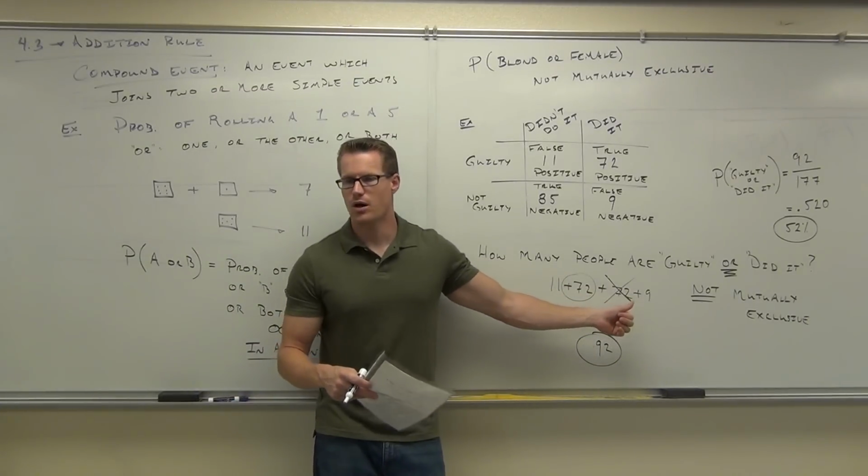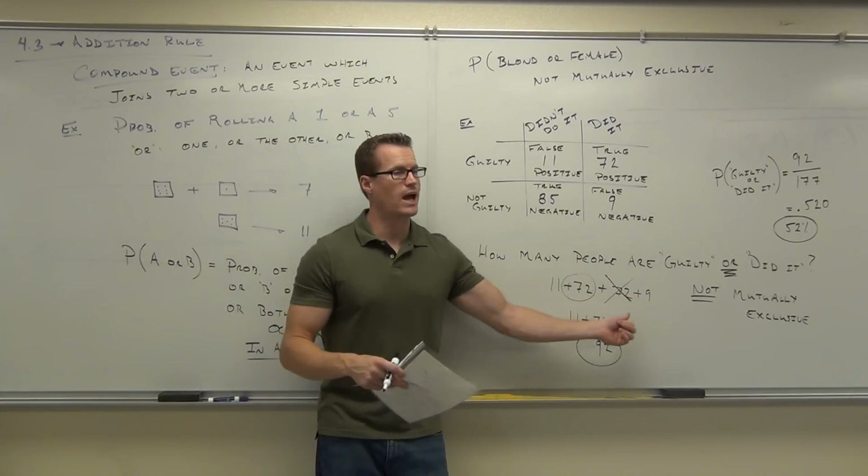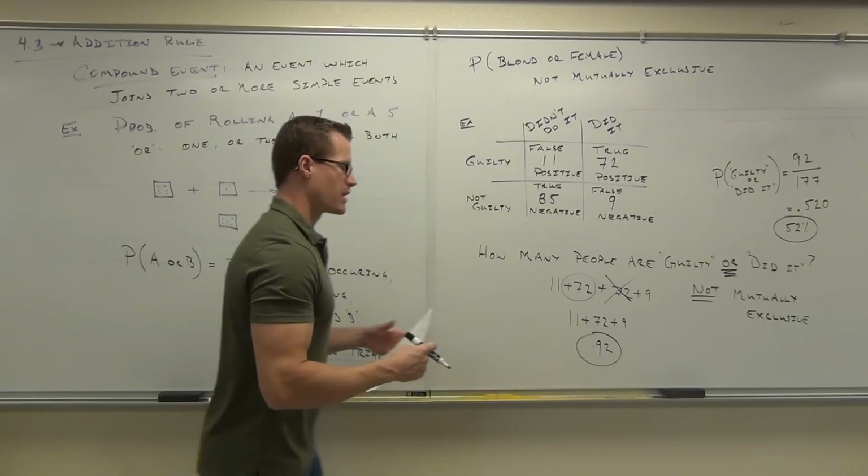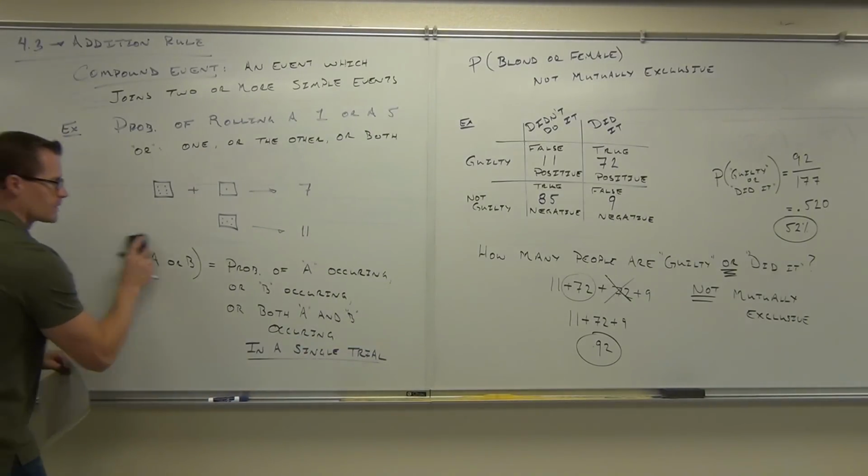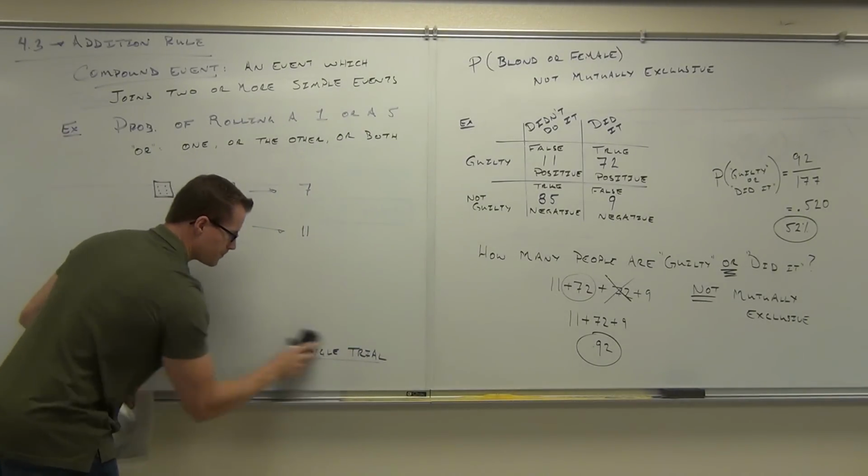Because when you have non-mutually exclusive events, this will happen every time. In order to get rid of that double count, we have something that's called the addition rule.